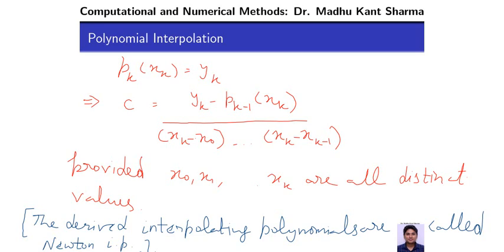Okay. So this gives you the existence of interpolating polynomials satisfying the interpolating conditions.